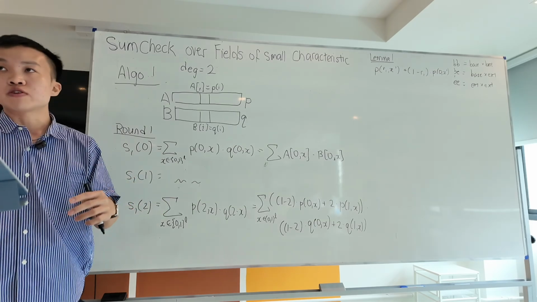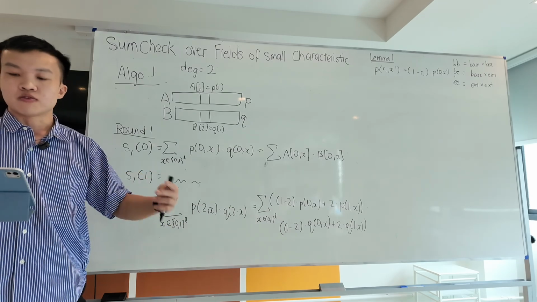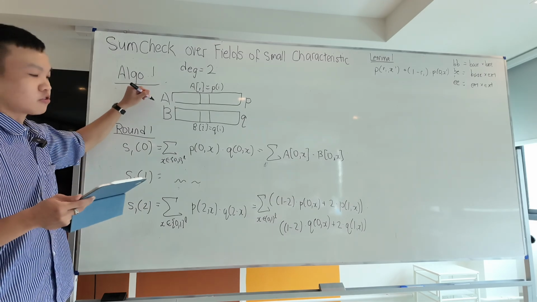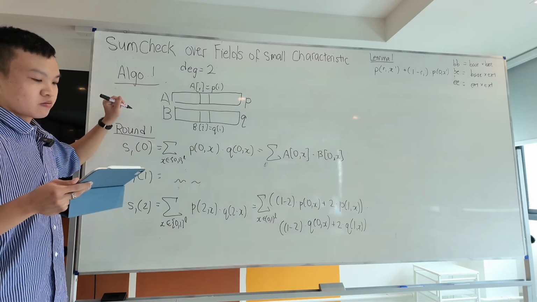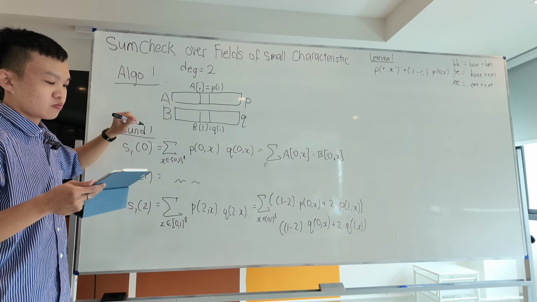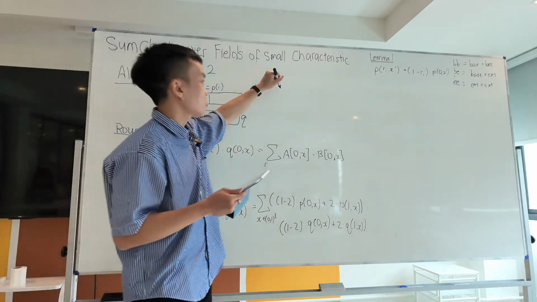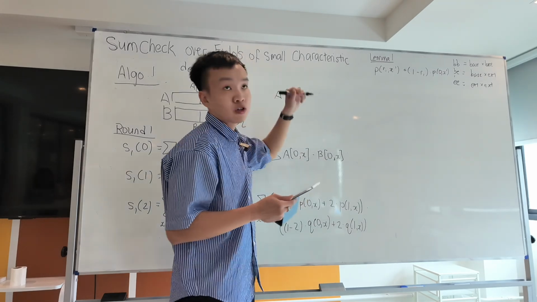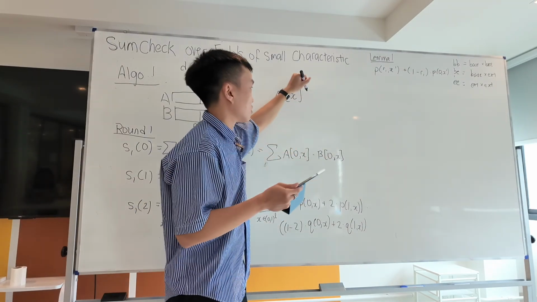And the final part of this algorithm is that the verifier basically selects R1 and then updates this array. How this update takes place is, for let's say A of X, and again, I'm only going to do this for one array because it's the same thing for the other.